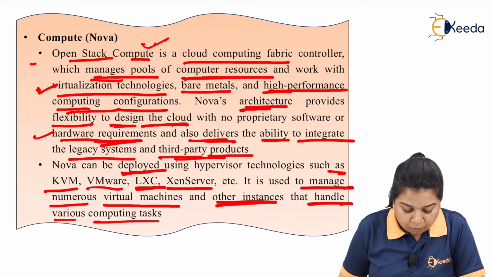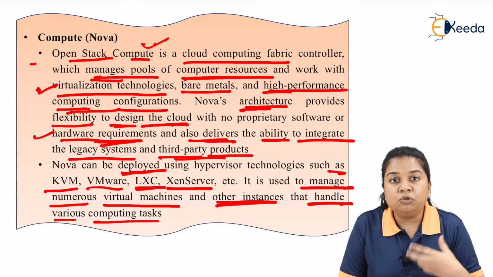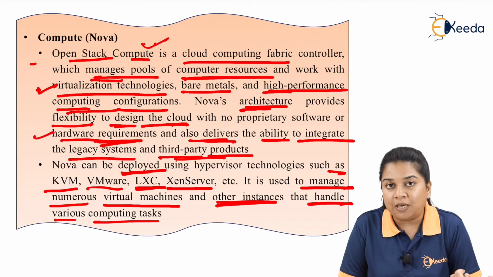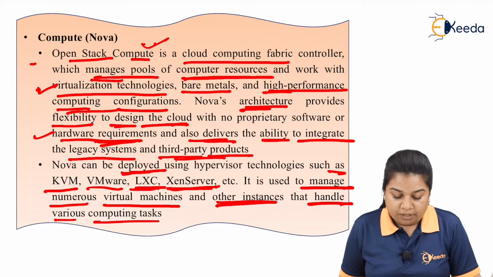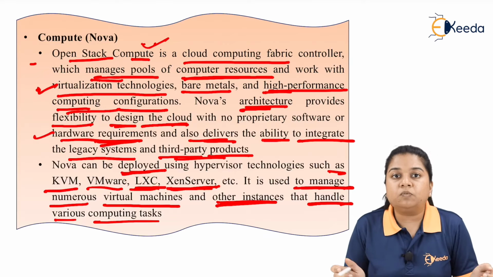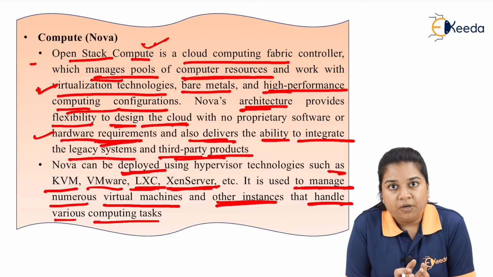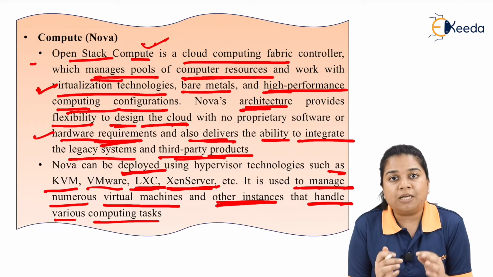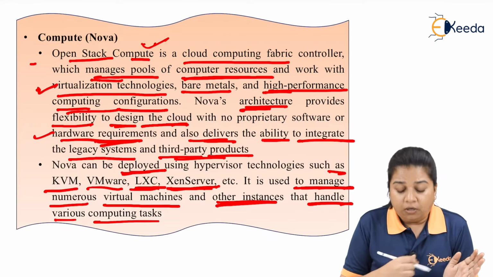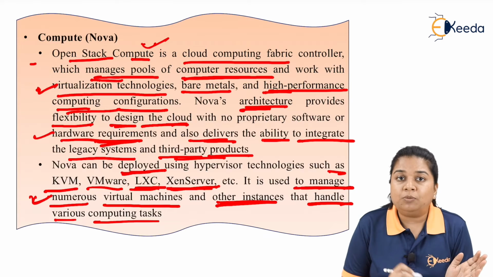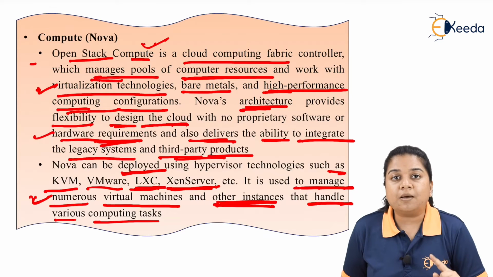It can be deployed using hypervisor technologies, usually KVM, VMware, then LXC, then Zen server, etc. So it is used to manage numerous virtual machines. Since we all know with virtualization we have a pool of hardware or physical resources which is virtualized and created into virtual machines, it can manage numerous virtual machines and other instances that handle various computing tasks.